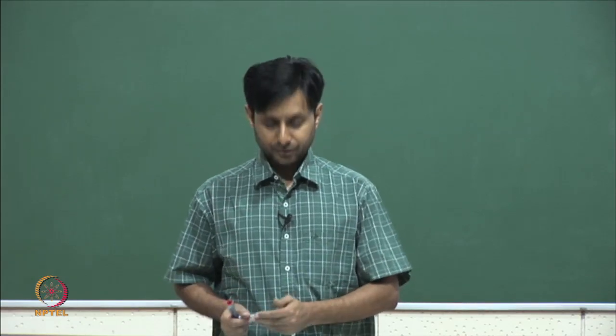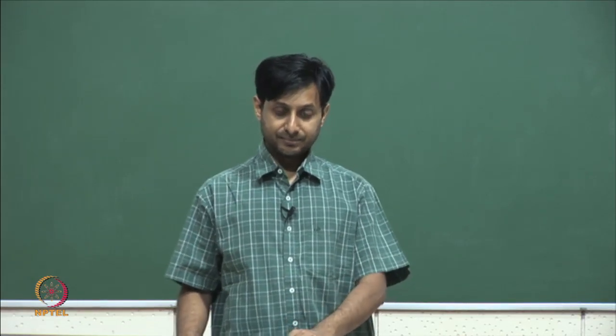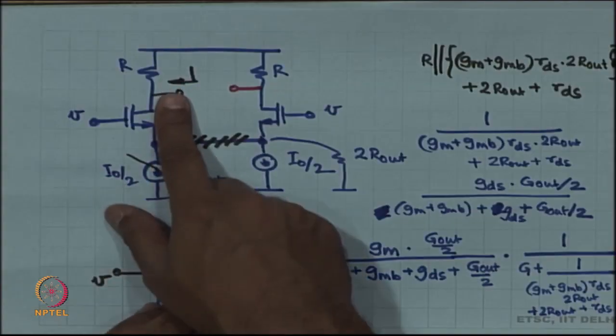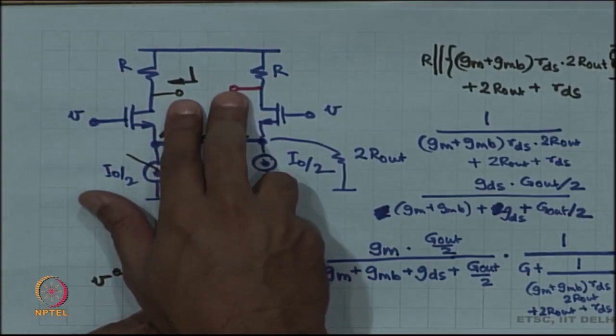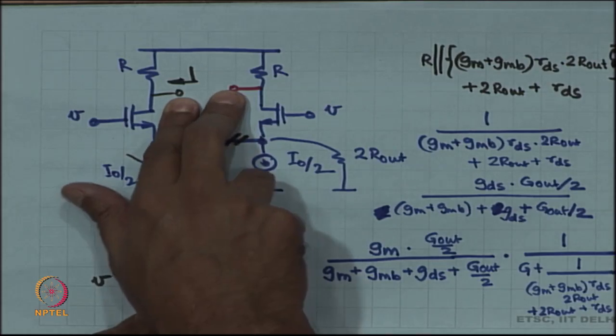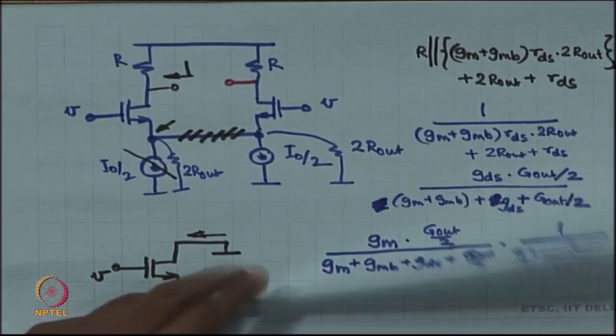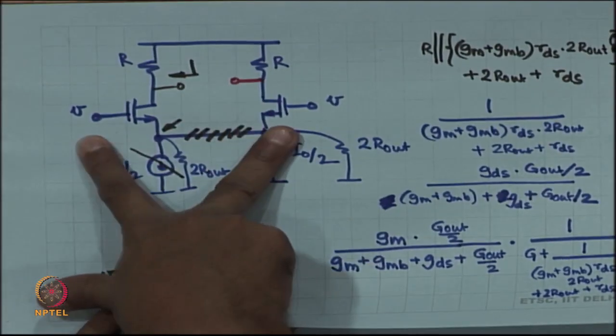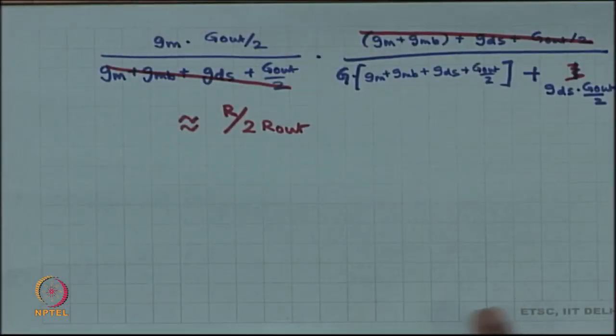So, that is what you are going to measure in the lab. However, as long as we are doing theory over here, the average of the two outputs divided by average of the two inputs happens to be this. The difference of the two outputs by the average of the two inputs is equal to 0.